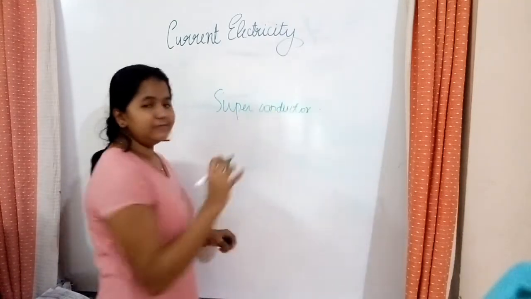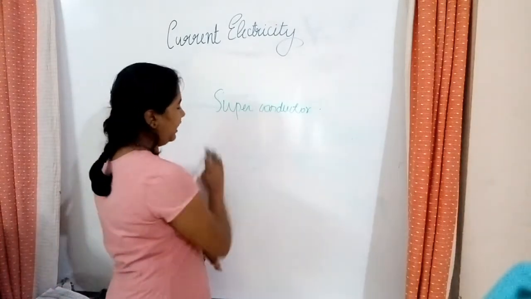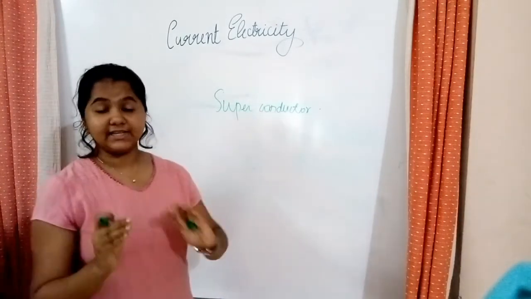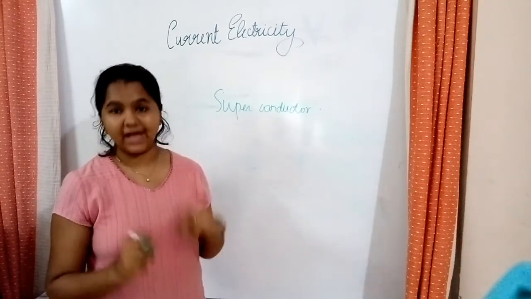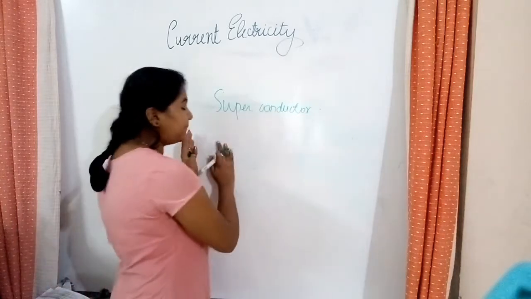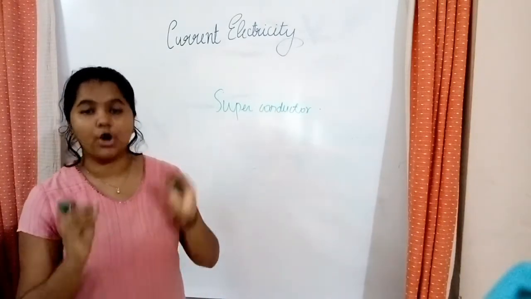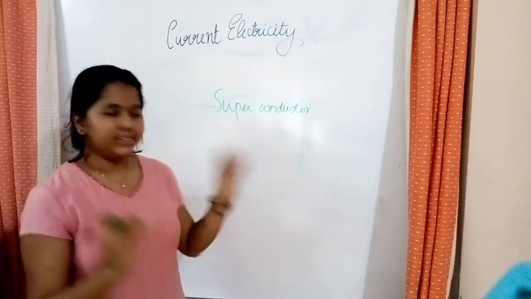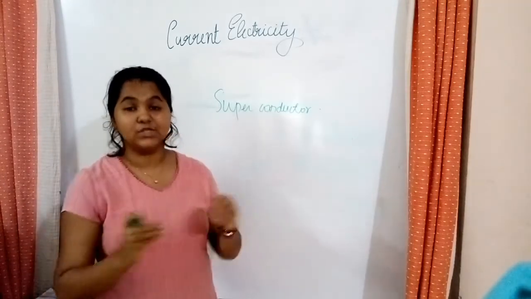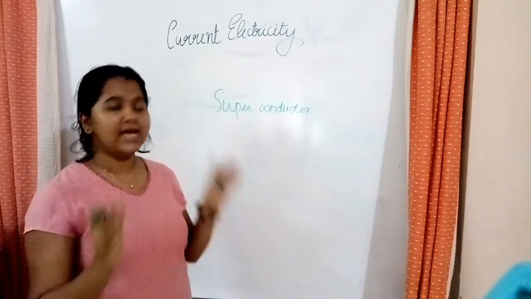Let's consider a metal. We learn that when temperature decreases, the resistance will also decrease. But when the temperature decreases to a certain value, that is the critical temperature or the transition temperature, the resistance becomes zero, and there is electron flow without any resistance.